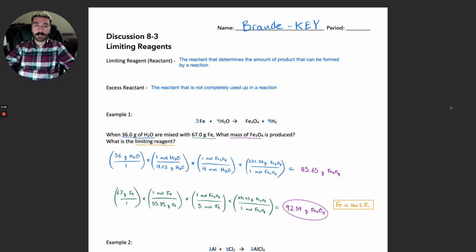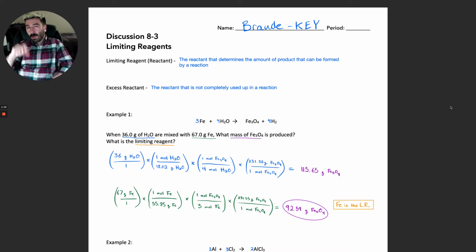Now, what a limiting reactant is, you'll remember hopefully from Discovery 8.3, if you did the Discovery and you're watching this, that we basically made s'mores. We had marshmallows, graham crackers, and chocolate, and we were going to run out of one of those first as we were making s'mores, and whichever one we ran out of first was going to be the one that limited how many s'mores we could make. We call that the limiting reactant.